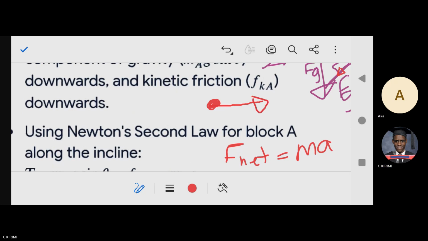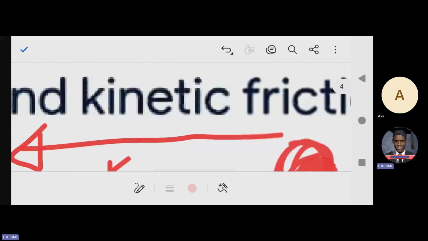There are two forces opposing the motion, not only one. There is FG parallel component, and there is also kinetic friction, FK.